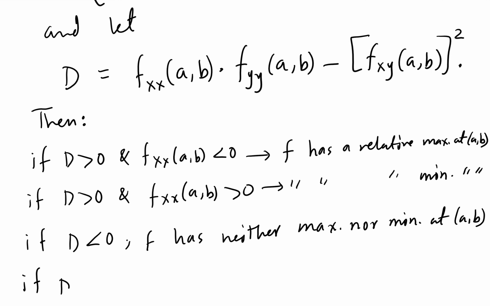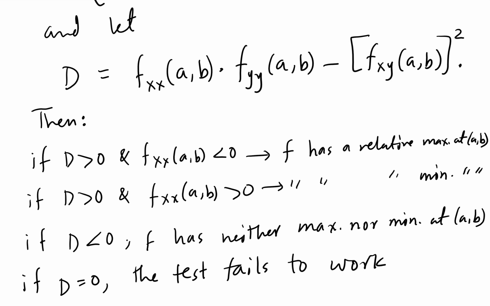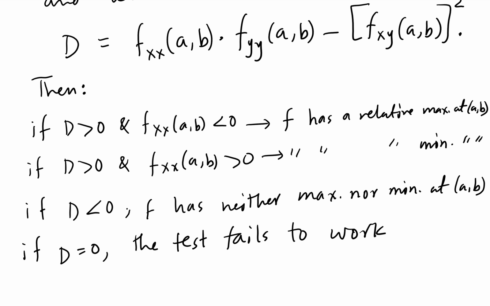And the last case, if D equals 0, this test fails to work, so you have to use some other tool to find it out. That's the major thing in this section, how to apply the D-test to find relative min and relative max.